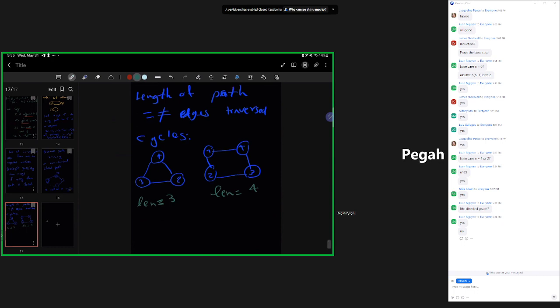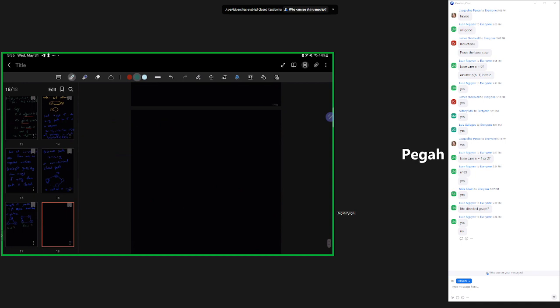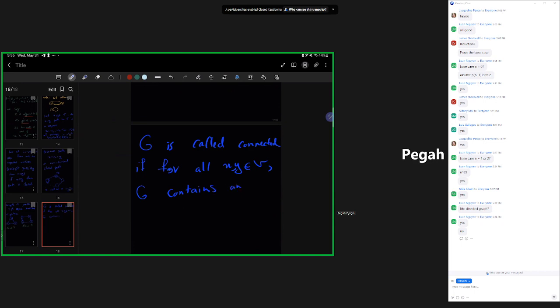So the next concept I'm going to talk about: we say G is called connected if for all X and Y in V, G contains an X to Y path.